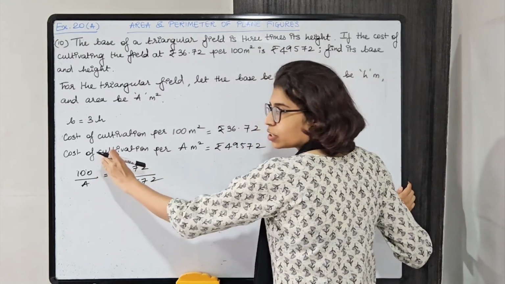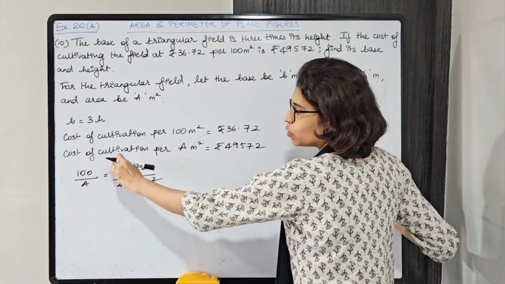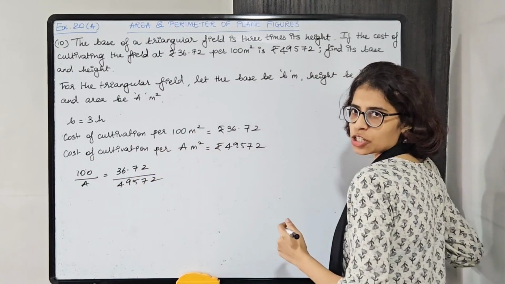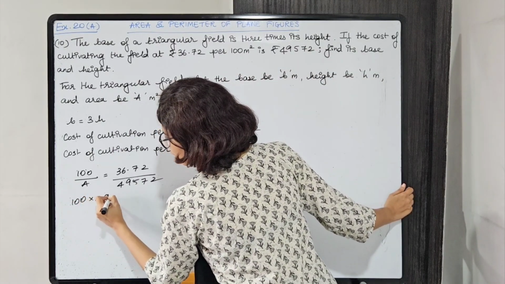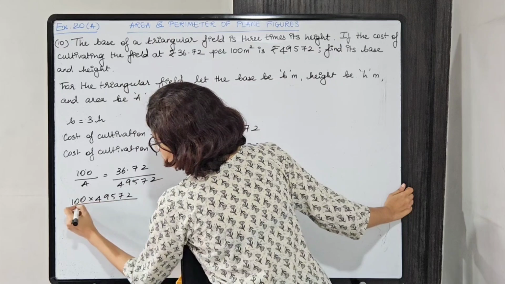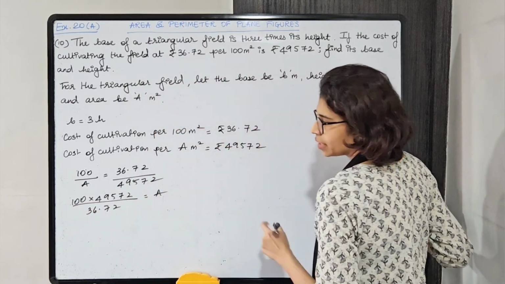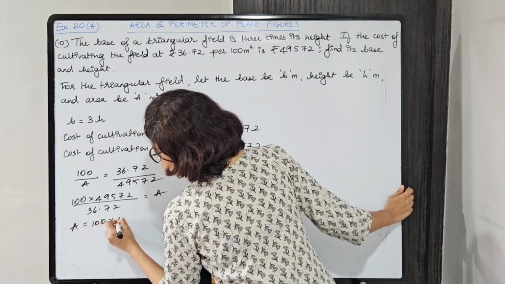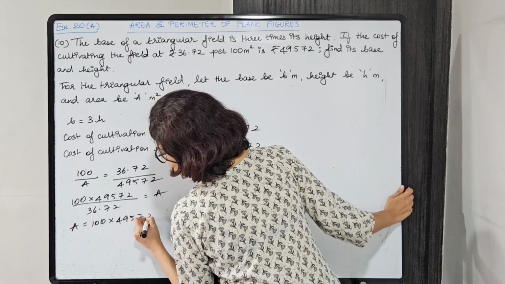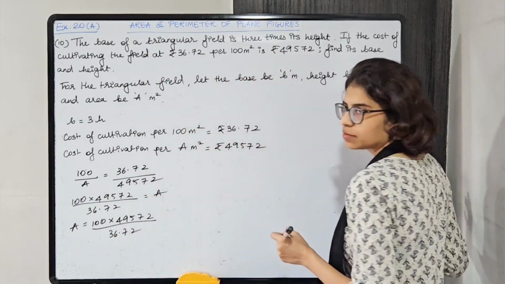Let's shift this on the other side, numbers को सारा एक साथ group कर रहे हैं. So ये reciprocal हो जाएगा और A numerator में चला जाएगा. So 100 into 49572 by 36.72 is equal to A. Let's switch the sides. A will be 100 into 49572 divided by 36.72.